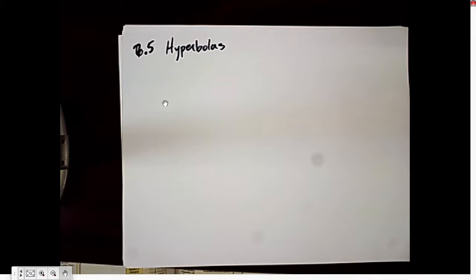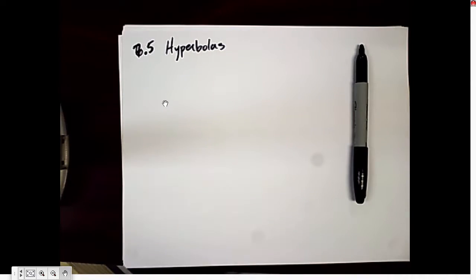If you remember what each one of the conic sections are, as far as graphically what's going on. The first one we learned is a circle. Graphically, what is the definition of a circle?